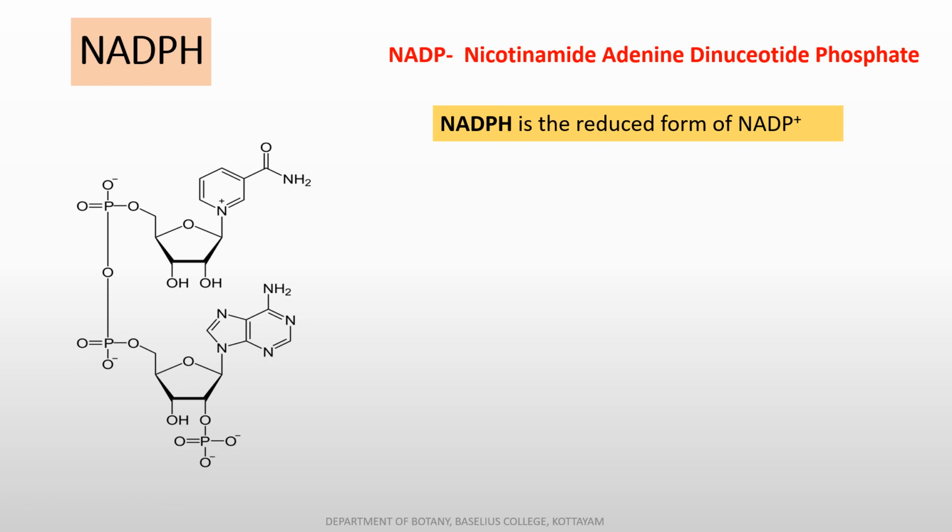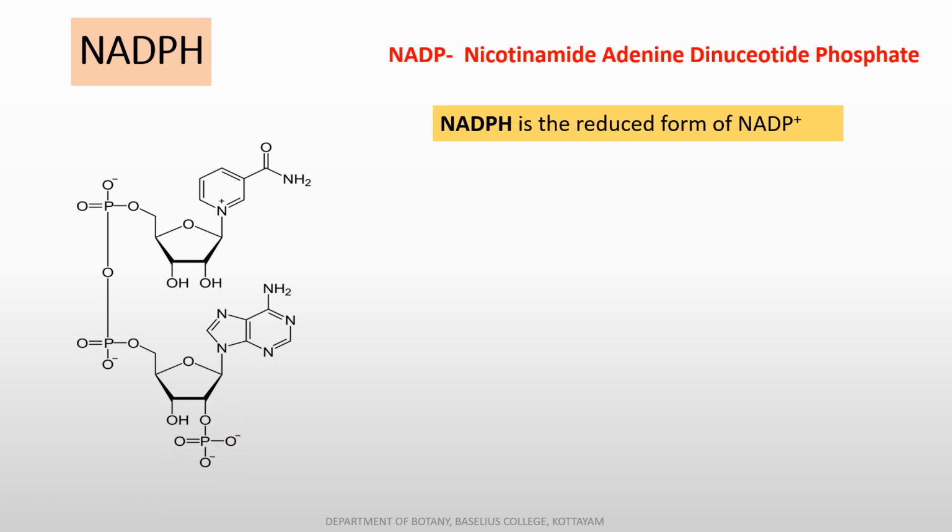So NADP plus differs from NAD plus in the presence of an additional phosphate group here, that is in the 2' position of the ribose ring which is attached to adenine. So this phosphate group makes the difference between NAD and NADP.